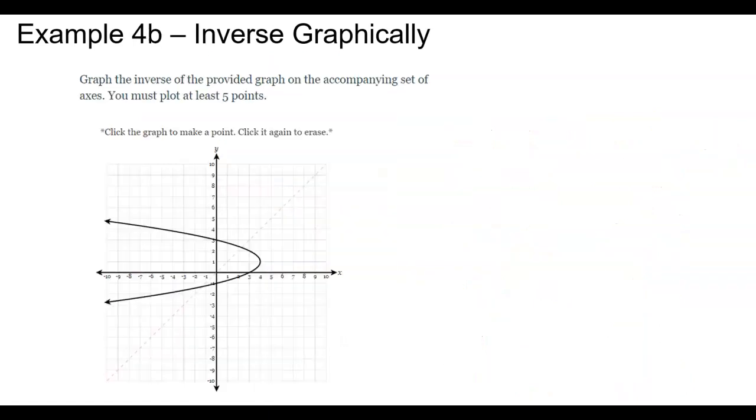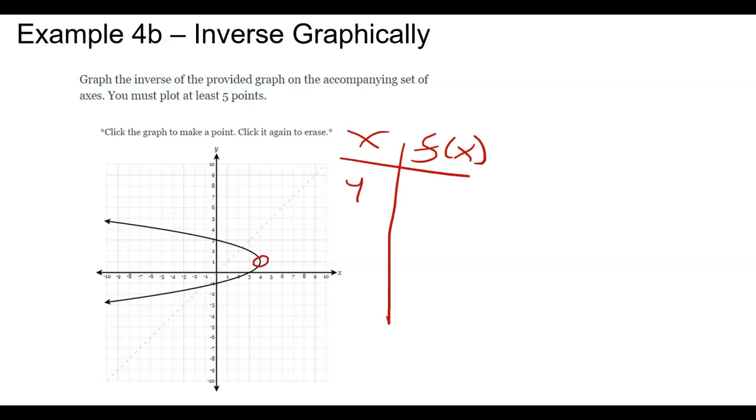Sometimes you may get ones that are quadratics. So I'm still going to go with this same concept. So that's 4, 1. I have 0, 3, and 0, -1.